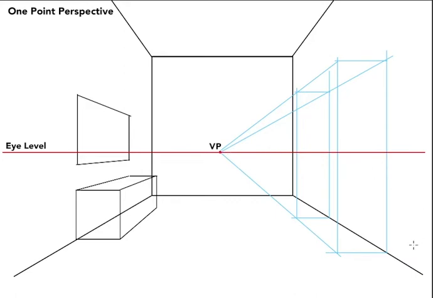Next, we will draw some shelves. In order to draw some shelves, first you indicate the height of the shelves on the side panel. So this is the first shelf. Let's continue to draw another shelf that's below eye level.